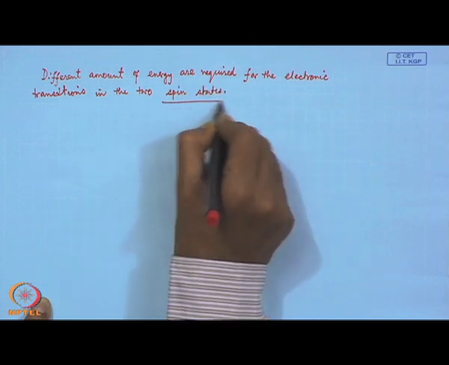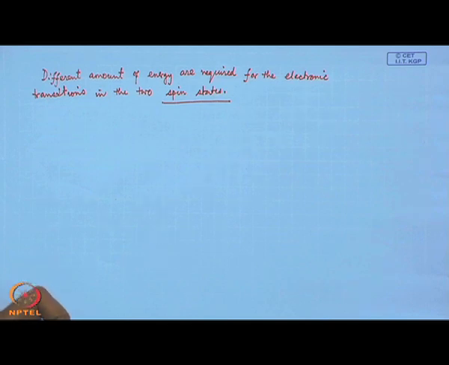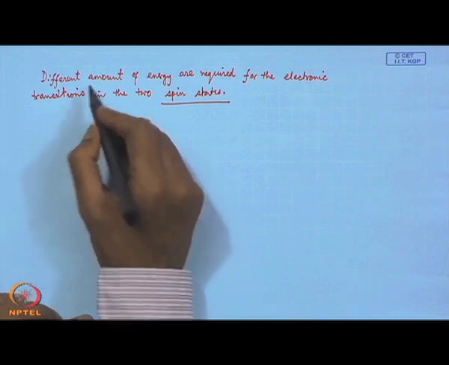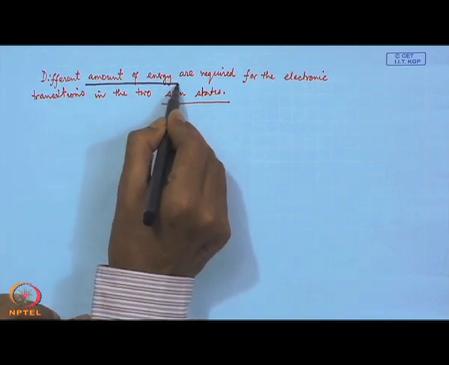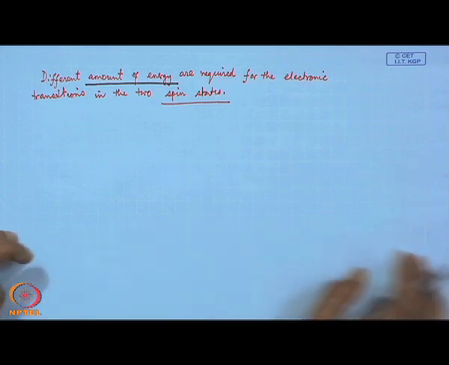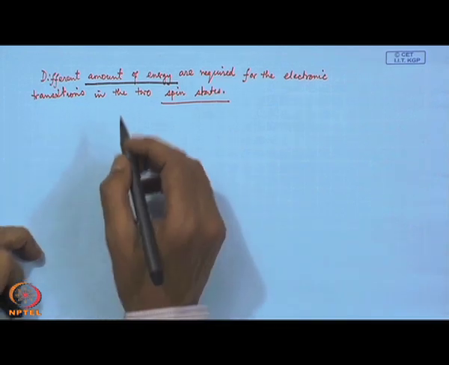So, if we have two spin states, one is low spin and another is high spin, definitely their corresponding lambda values would be different. So, that basically gives us the corresponding idea for these transitions.